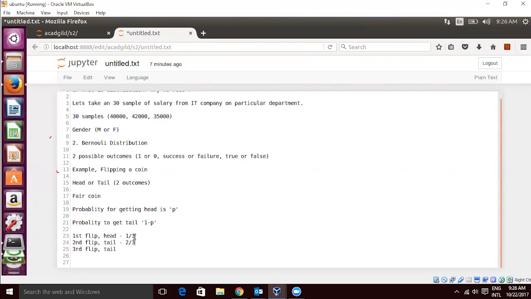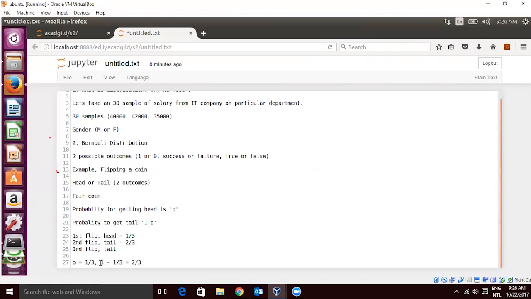Getting head is success, getting tail is failure. So the probability of success is 1 by 3, and the probability of failure is 1 minus 1 by 3, which is equal to 2 by 3. Very simple.